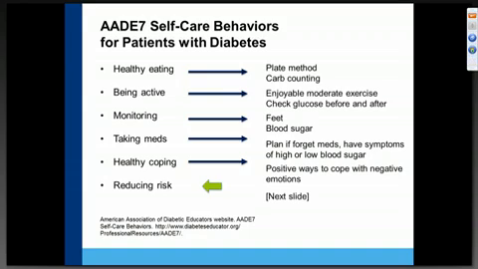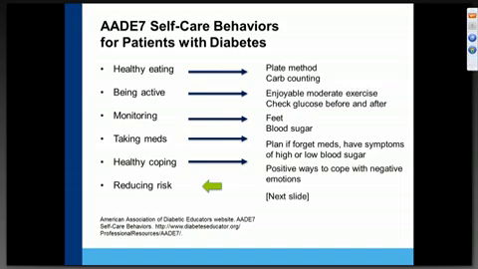Looking at diabetes in particular, this is the American Association of Diabetes Educators guideline. They identify seven behaviors that patients need to achieve optimal blood glucose control. And we know it's not as easy as just a list here, but focusing on healthy eating, plate method, carb counting, increasing activity and monitoring blood glucose during that activity, the self-monitoring related to feet as well as blood glucose levels, taking medications correctly, and having plans in place if they forget meds.